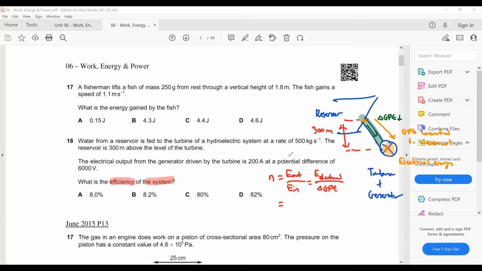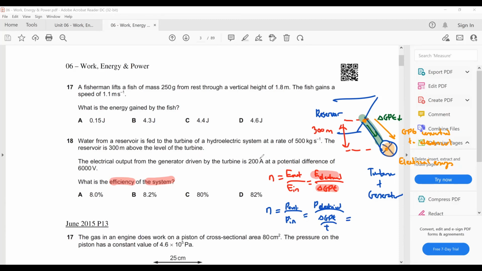If you do this one here, you will get stuck because your quantities are in terms of energy. You actually would need to change this to power instead. Efficiency is P out over P in. It is the power of the electrical portion divided by the GPE divided by time portion.